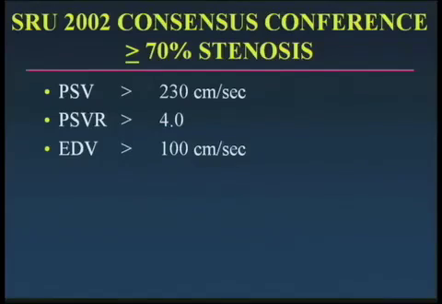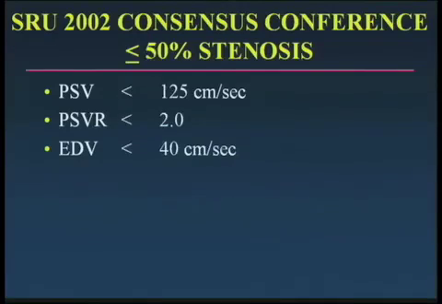And their recommendations, which most of us now use as at least a starting point for evaluating carotid stenosis, are as follows. They use a peak systolic velocity greater than 230, a ratio greater than 4, and an end diastolic velocity greater than 100 centimeters per second as suspicious for a greater than or equal to 70% internal carotid artery stenosis.